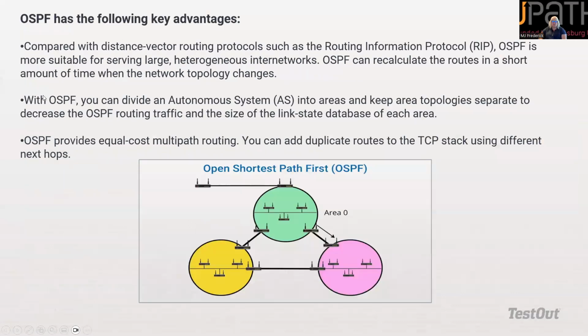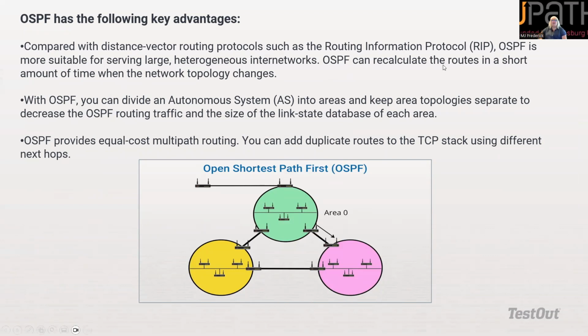So the key advantages, compared with what's known as distance vector, because hopefully you've watched Professor Messer before you came to this, distance vector routing protocols such as Routing Information Protocol: OSPF is more suitable for large enterprise internetworks. It's beneficial for something in a larger area.